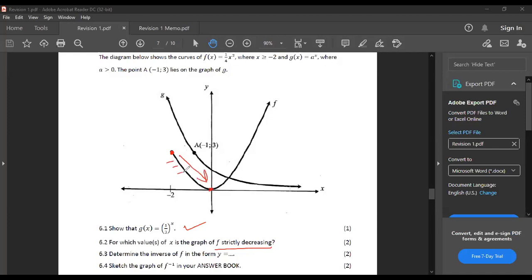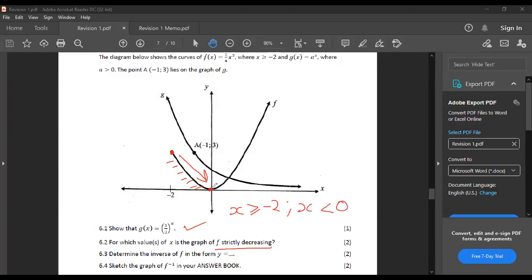So you say it's strictly decreasing for x greater than or equal to minus 2, because minus 2 is included, but x less than 0.